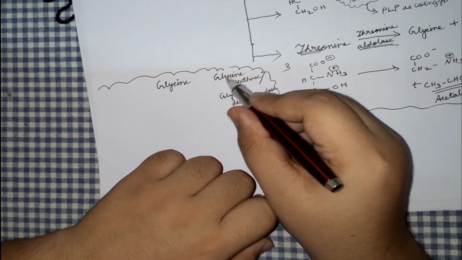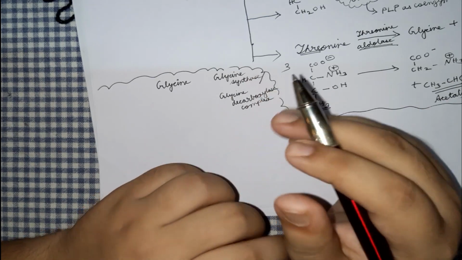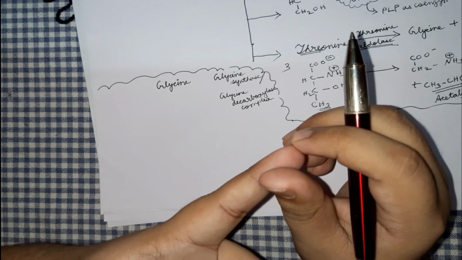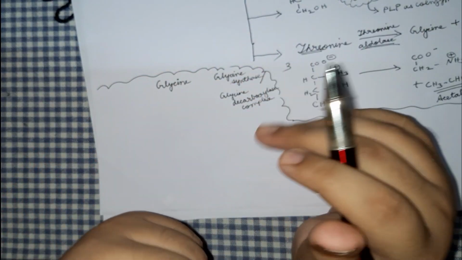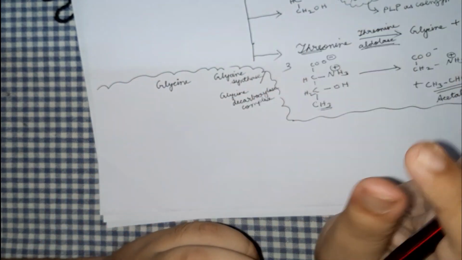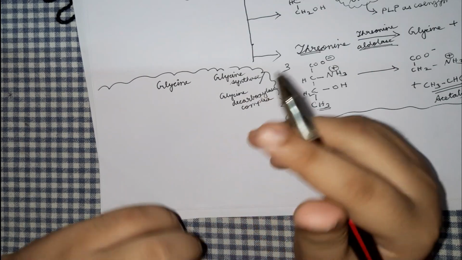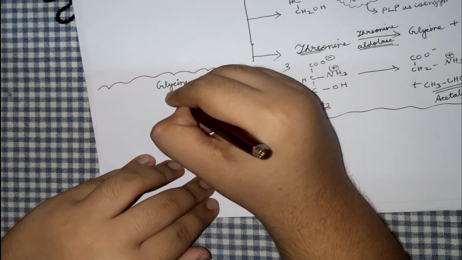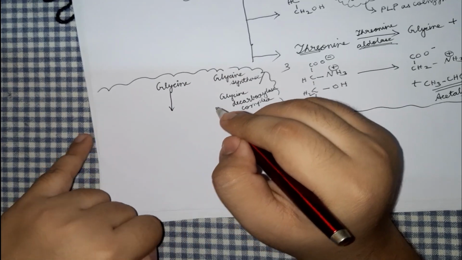So this is a multi-enzyme complex. Multi-enzyme complex means a variety of enzymes working together in a coordinated manner, with different functions, but together they are carrying out something, and at the end you will get something. That is a multi-enzyme complex.